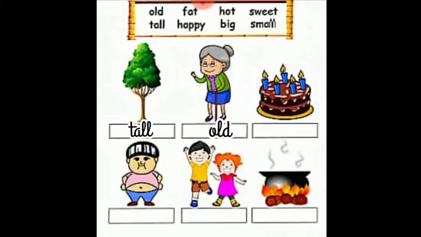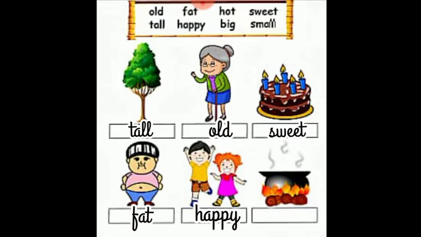How is the lady? Old lady. Very good. Next, how does the cake taste? It's sweet. So, sweet cake. How is the boy? He's fat, right? Fat boy. How are the children? The children are happy. Happy children. How is the pan?